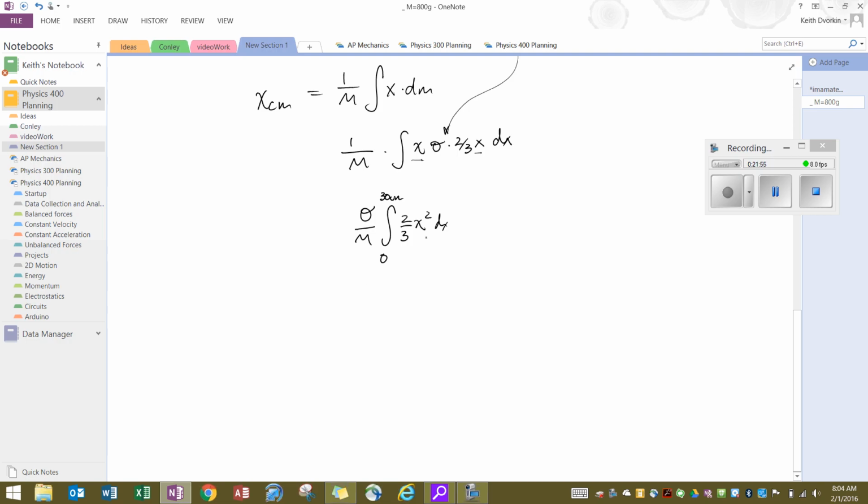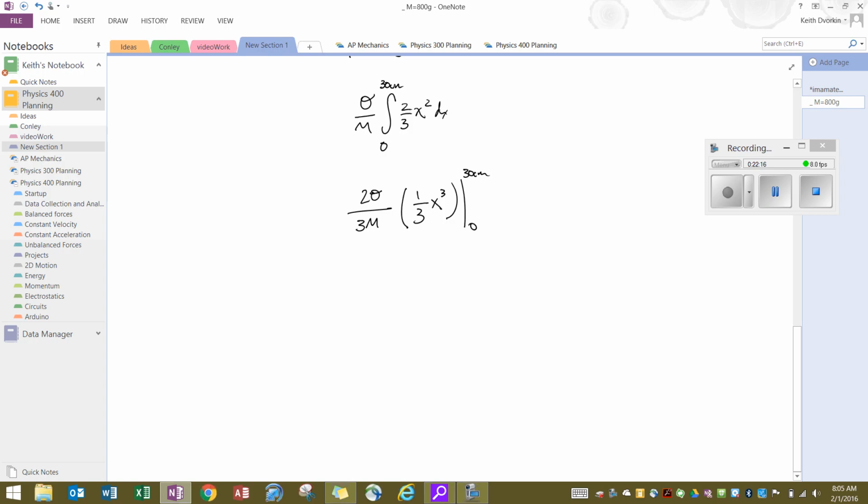Okay, so now this integral is pretty easy at this point. The integration is not the hard part, it's the setup. So pulling the 2/3 out to the front, we're just integrating x squared dx. So that gets us 1/3 x cubed. We're going to evaluate that from 0 to our final x position of 30 centimeters.